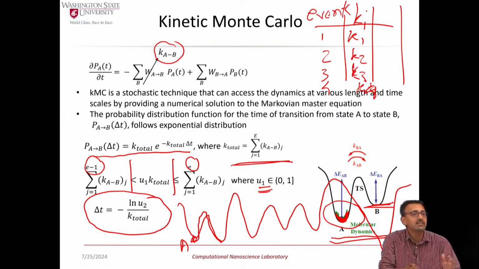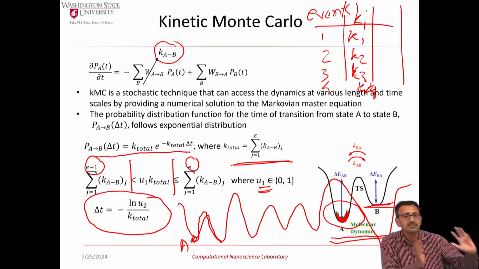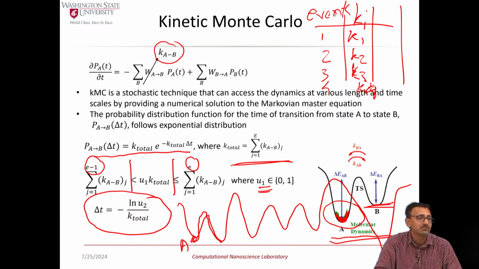If that happens, then you are missing that in your catalog. So, when you are propagating this stochastically, remember your input is coming from either some experiment or some atomistic scale simulation, and it is limited to that input. So, that is one of the limitations of this method for sure.